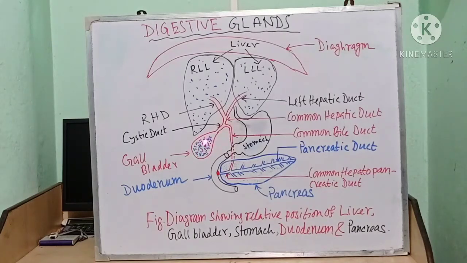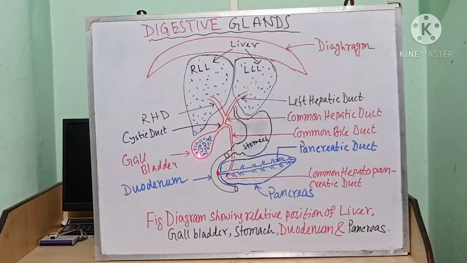Sodium taurocholate and sodium glycocholate are two bile salts, and among pigments there are bilirubin, biliverdin, and there are also fatty acids, cholesterol, etc.